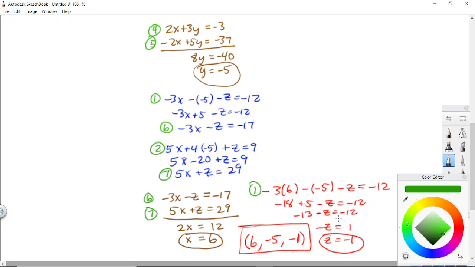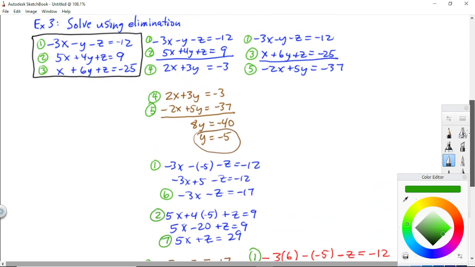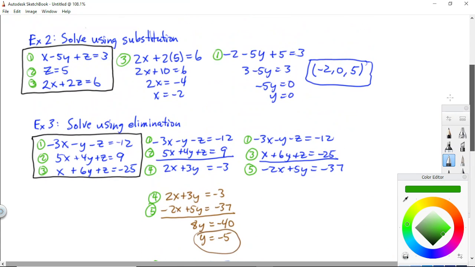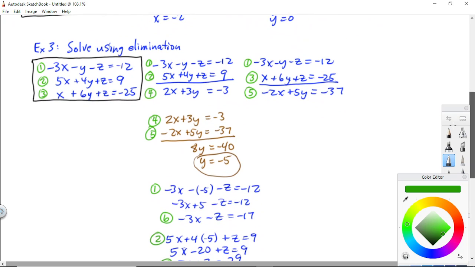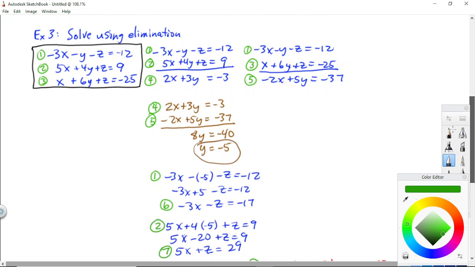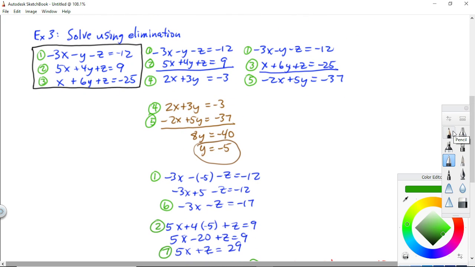Okay, so you're strategic. You combine. You start out using elimination to whittle it down to a couple equations that just have two variables. We eliminate the z, and then get equation number 4.